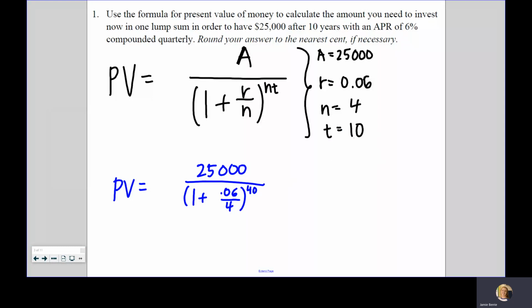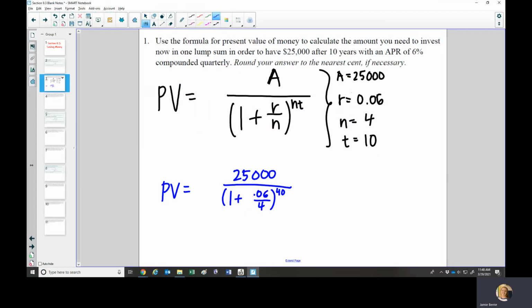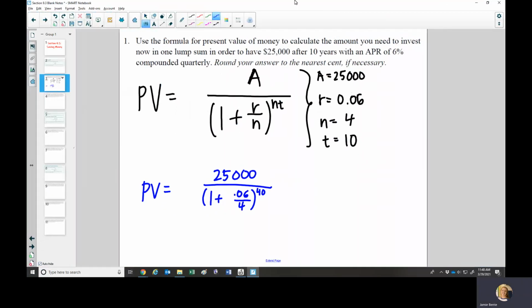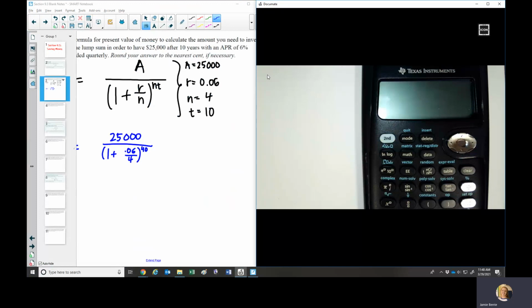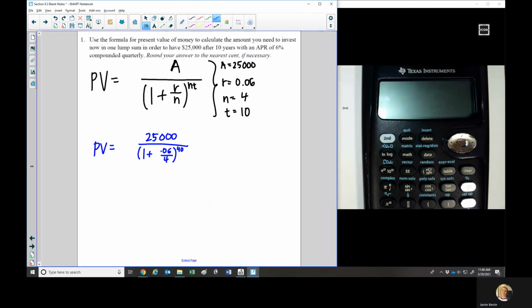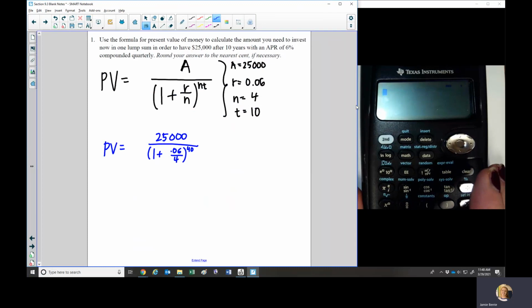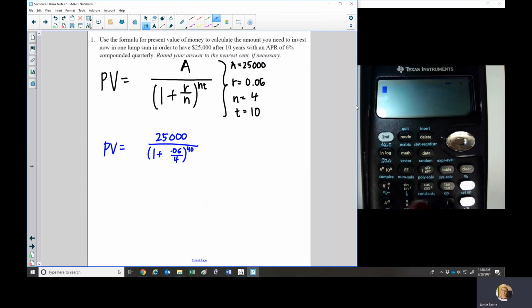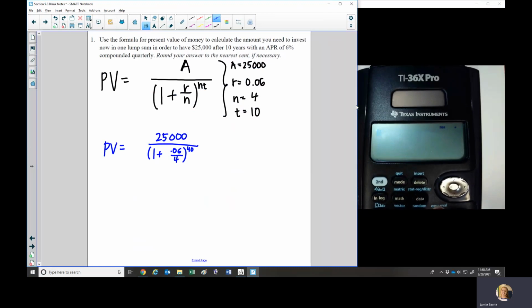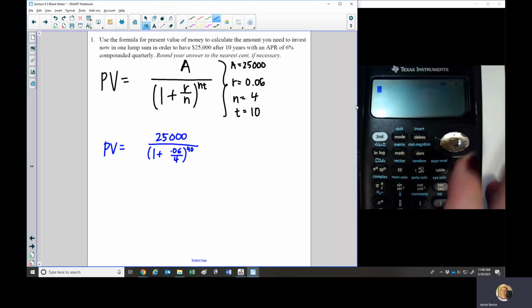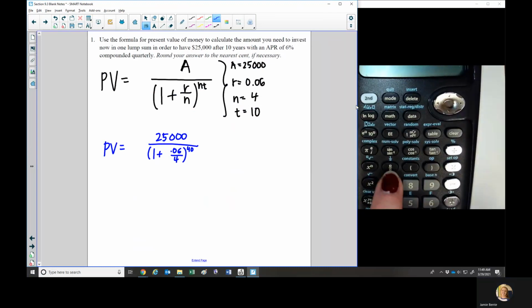I like to go ahead and just simplify the exponent. That's my preference. I'm going to adjust some things here so we can see the calculator at the same time. All right, so let's plug this in. I'm going to hit my little fraction button. If you're using the TI-36 like me, it's right down here. It's right above the 7. You can see right there.